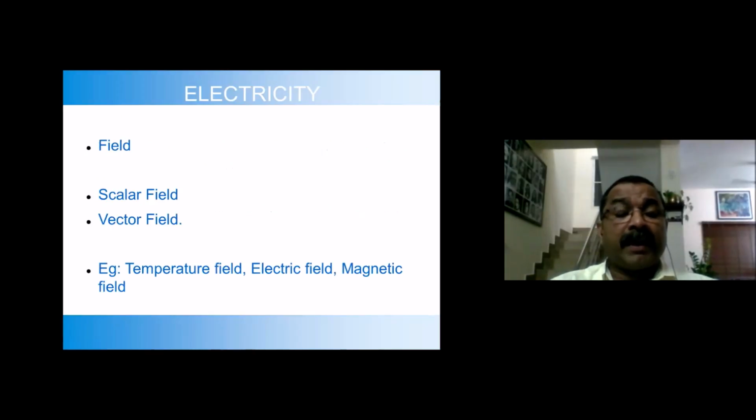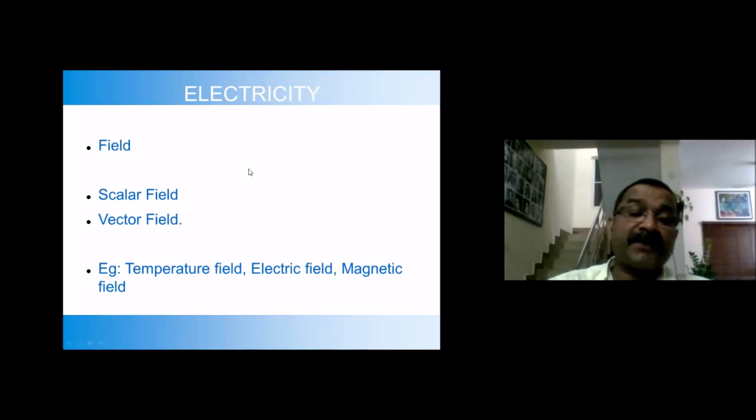As far as fields are concerned, there are two types. One is what we call a scalar field and the other is a vector field. For some fields, we can define only magnitude.